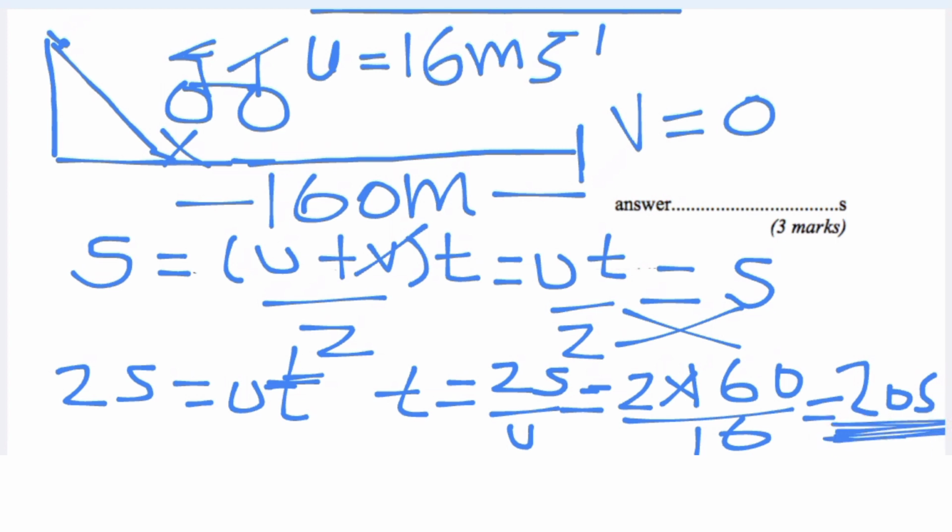All right, so this is the answer. So after reaching the horizontal section of the road, the cyclist moves for 160 meters for 20 seconds and it stops moving, right?